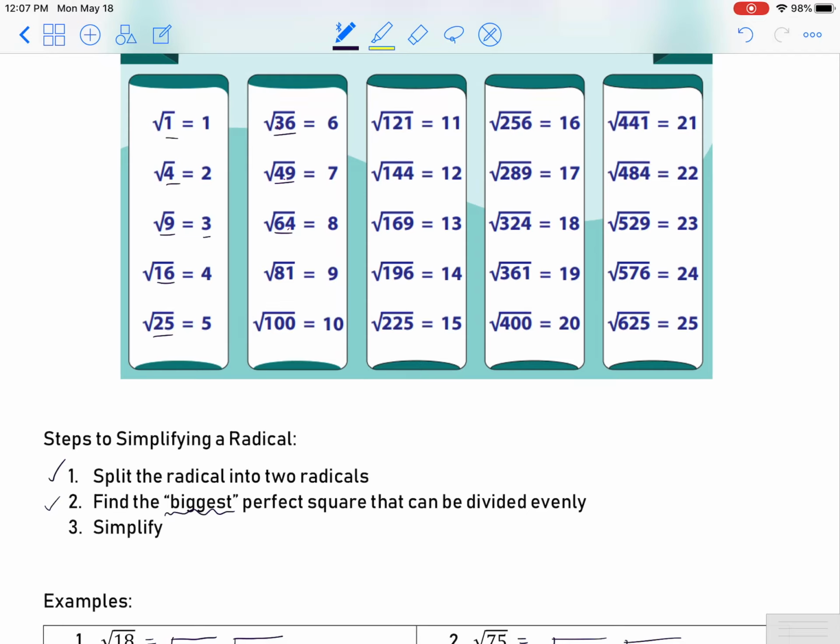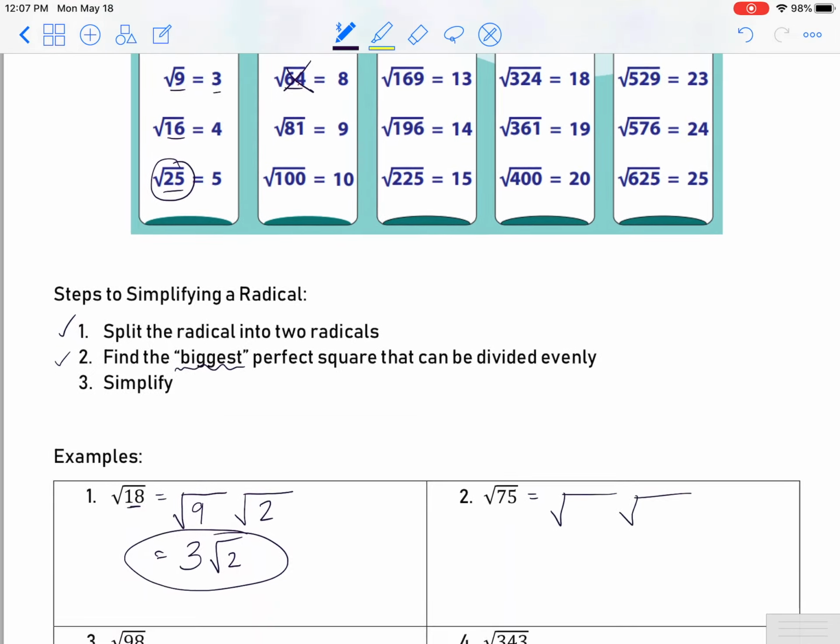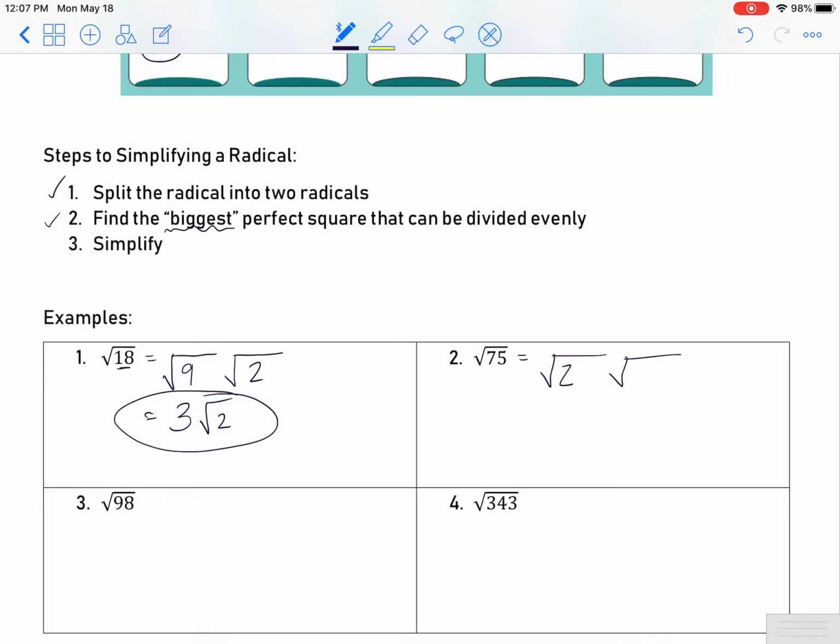So if I look at 75, I'm going to go through. 75 divided by 64, doesn't work. 75 divided by 49, doesn't work. 75 divided by 36, doesn't work. 75 divided by 25, that works. So I'm going to use that 25. If you divide it, that becomes 25 and 3.